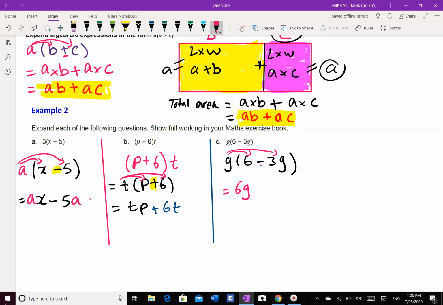You've got minus in the middle, you have to put it down. g times 3g, you know, g times g is g squared, because any number or variable times by itself gives you a square. So you put the 3 down, and then g times g is g squared. And that's it. You need to check your answer. If you've made any mistake, please correct it, and you have to practice.